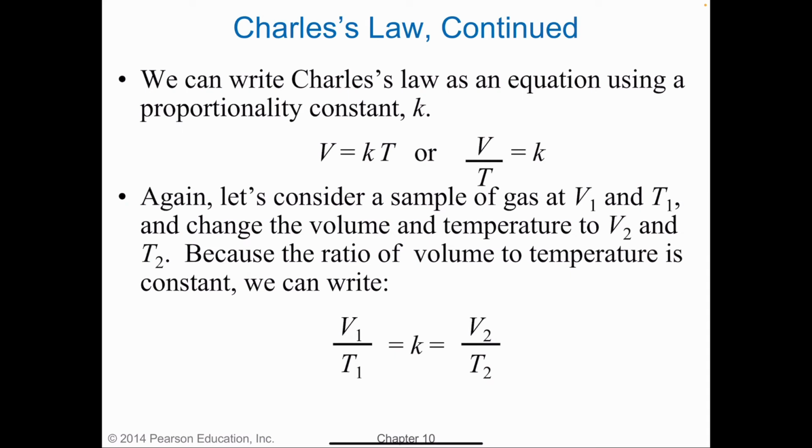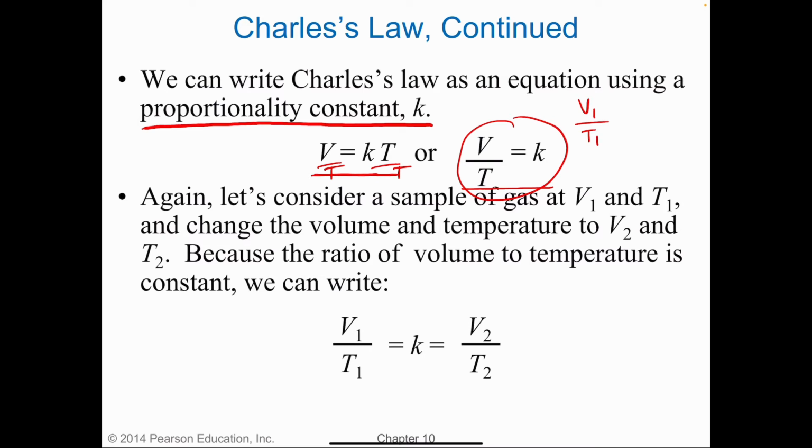Similar to what we did for Boyle's law, if we introduce an arbitrary proportionality constant, the letter K, we could write Charles's law either like this or like this, where volume is equal to that constant times temperature, or we could divide by temperature on both sides of the equation to get this. And then we can do something similar. The initial volume divided by the initial temperature is equal to some K value, and for the same sample of gas at the same pressure, if we change it to a new temperature, it's going to have a new volume.